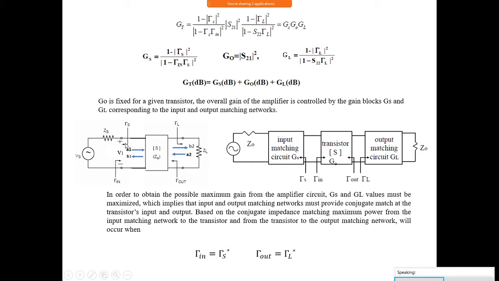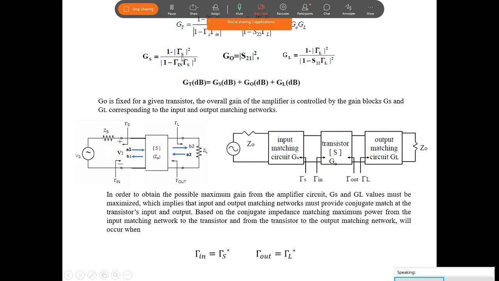If you take ZS as 50, then GS is 0. But to get a different value of gain GS, the input impedance looking in this direction must be different than 50 ohm. It should not be 50 ohm. See here, TOS should not be 0. It should be some other value. So that means ZS must be different.